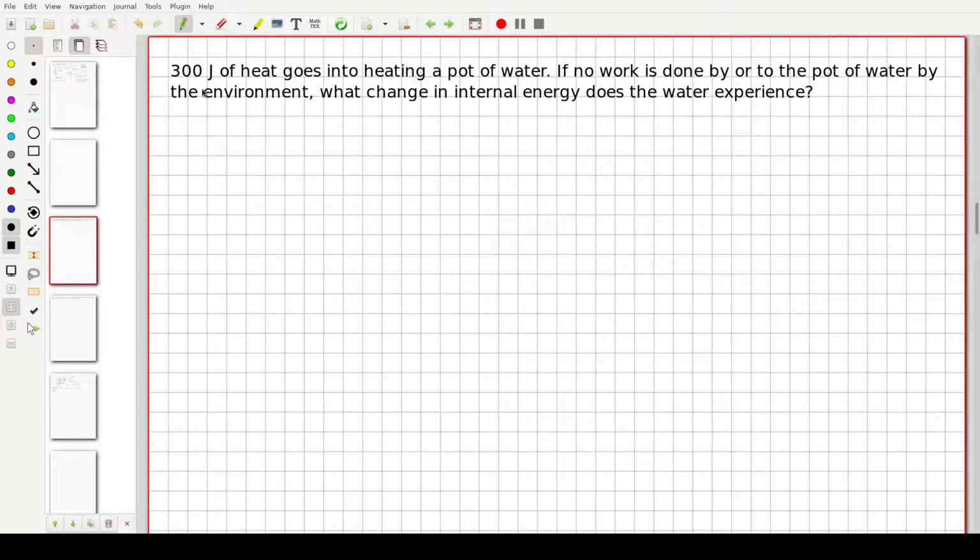Now, what I'd like to do is to just show you some very simple examples as to how this works. So here you have 300 joules of heat that goes into heating a pot of water. If no work is done by or to the pot of water by the environment, what change in internal energy does the water experience?